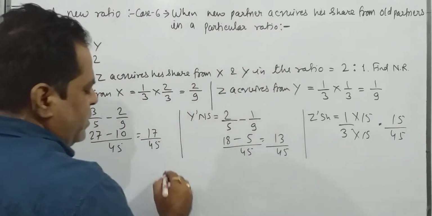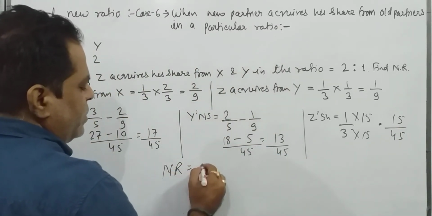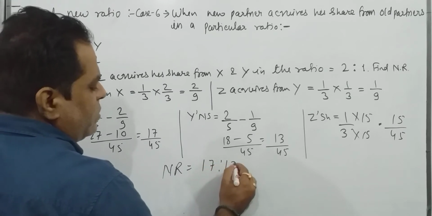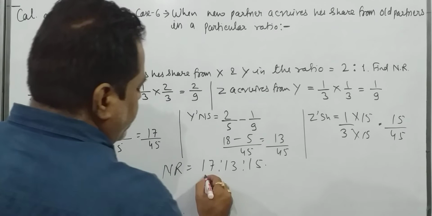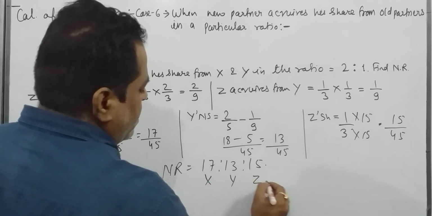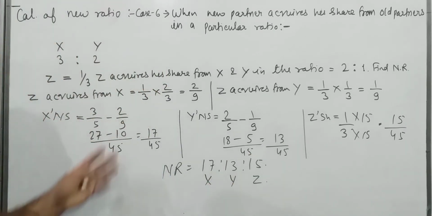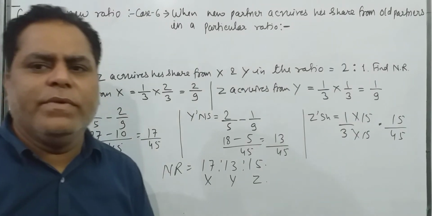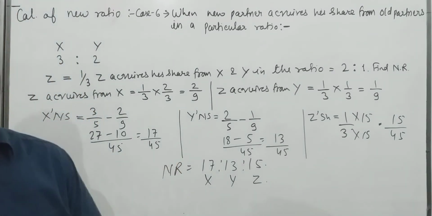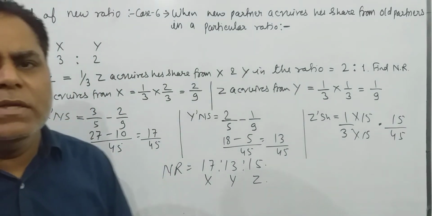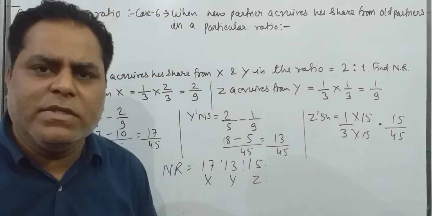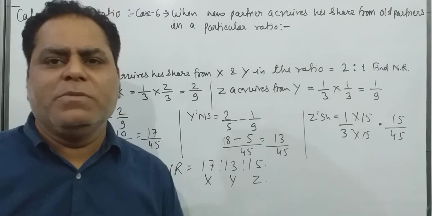So now what is the new ratio? The new ratio is 17:13:15. This is the new ratio of X, Y and Z. So this is my case 6, in which I have explained how to determine the new ratio if a new partner is acquiring his share from old partners in a specific ratio.